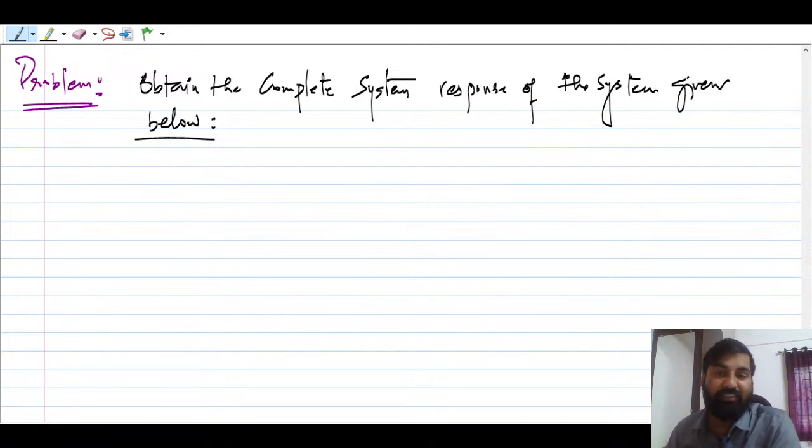If they are saying complete system response, what does it mean? The zero state response and zero input response, that is the complete system response, okay?